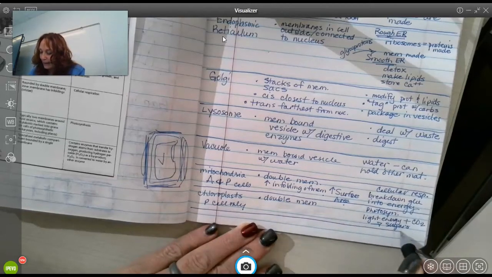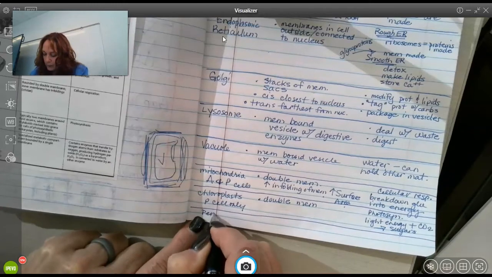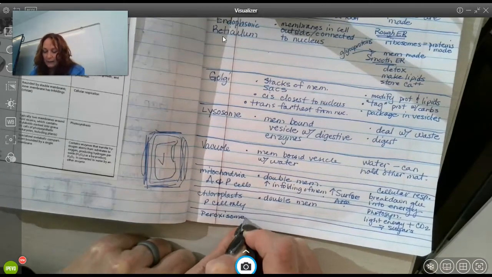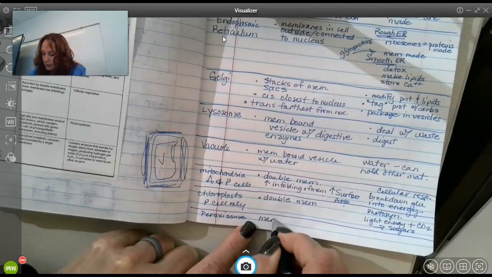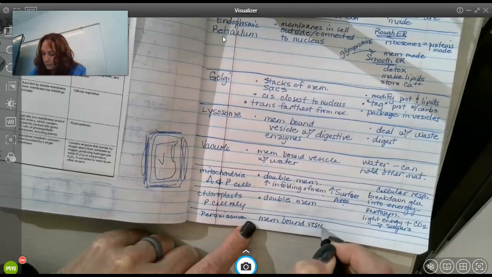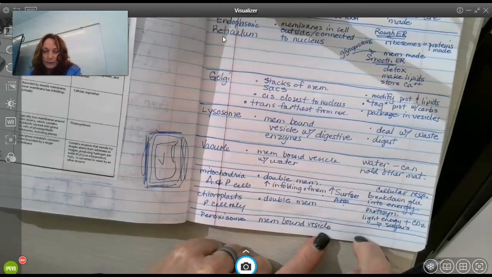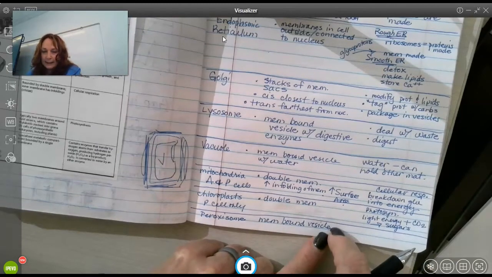And then the last one of these is the peroxisome. Goodness. I don't know why they didn't include that more up here, because it's also a membrane-bound vesicle. The difference is, you know how we did the lab with the liver, and we had tons of catalase? The peroxisome is full of catalase.